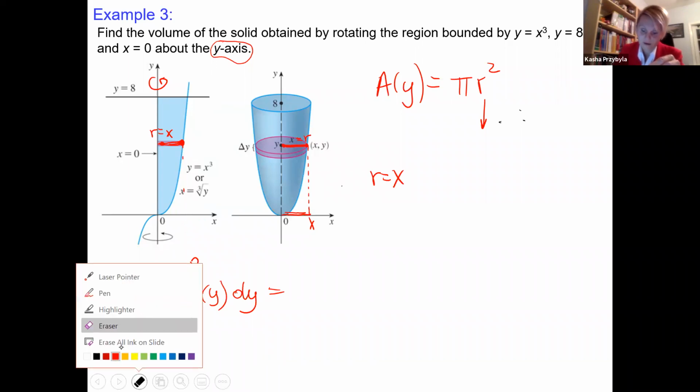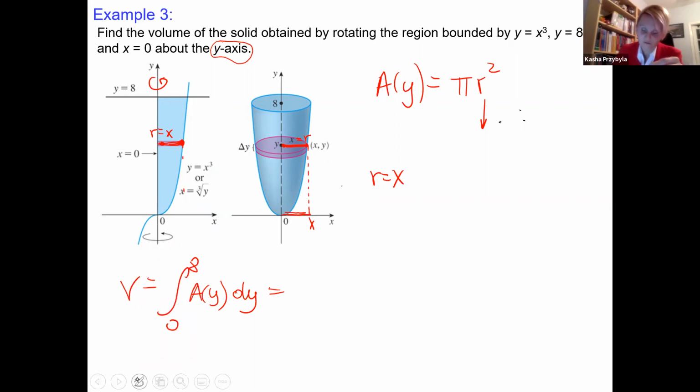We can even think numerically, then it will be easier. Because I'm integrating between 0 and 8, let's say I pick the value 5. If y is 5, what is the corresponding x value?